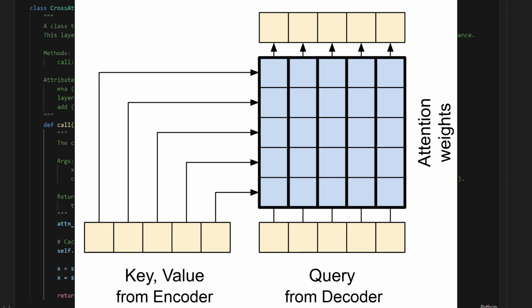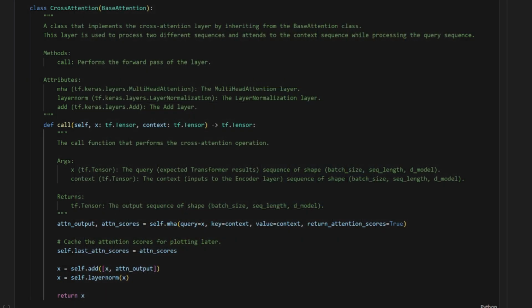Using this method, the decoder can concentrate on the essential sections of the input sequence while producing a token for each position. So when implementing this layer, we pass the target sequence, the expected transform result, X as the query, and the context input, which is the input to the encoder sequence, as the value and key.